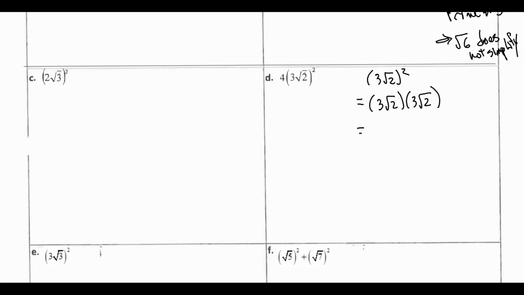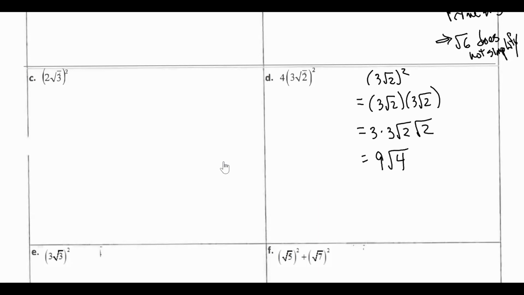And again, I'm going to rearrange it so all the outside numbers are by each other and all the inside numbers are by each other. So I have 3 times 3 times the square root of 2 times the square root of 2. And 3 times 3 is 9. And square root of 2 times square root of 2 is square root of 4.